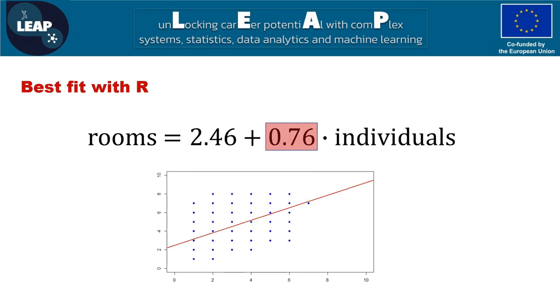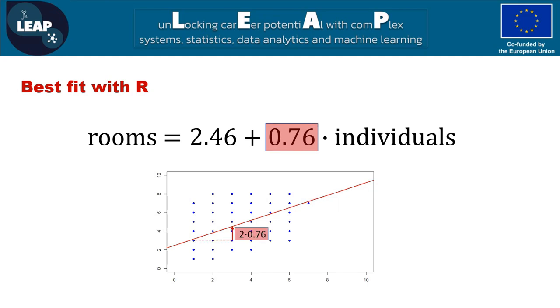0.76 tells us how much, on average, the number of rooms increases if we go from a 1-person household to a 2-person household, or if we go from a 3-person household to a 4-person household. The reason we get the same increase independent of the number of individuals is that we are fitting a straight line.